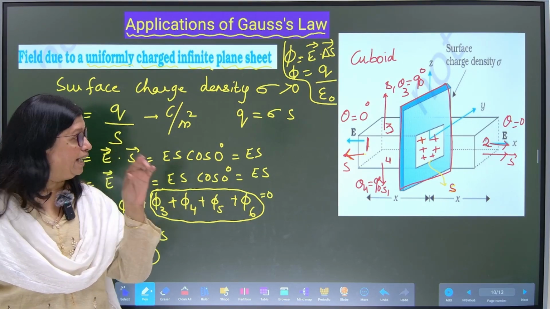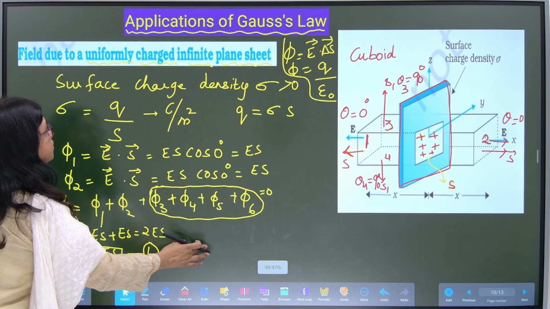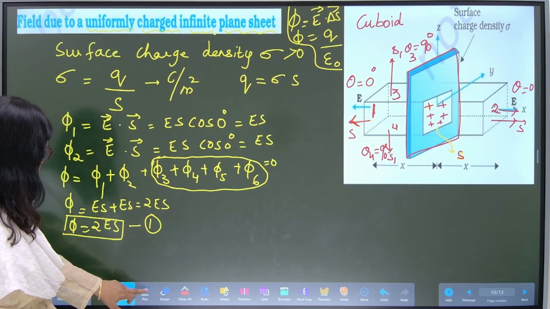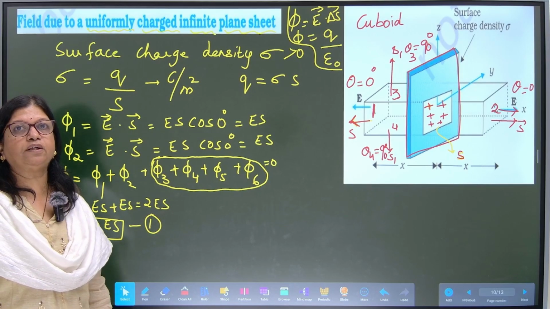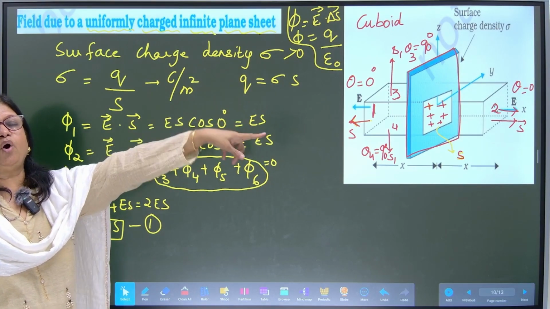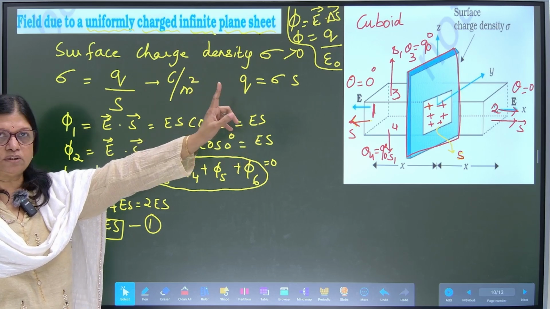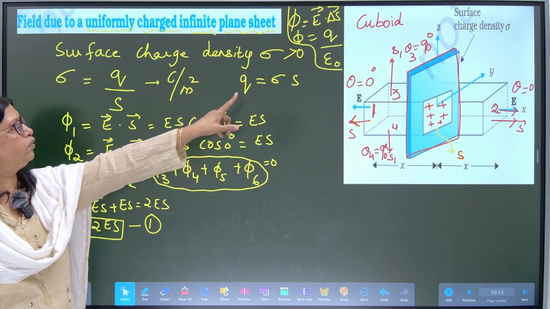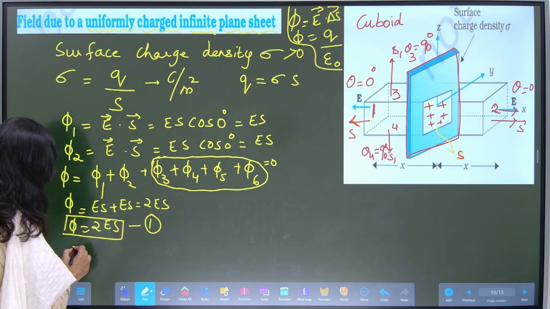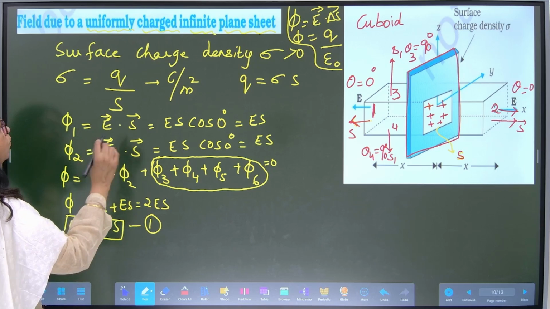Now let us find the flux using the second formula, the application of Gauss's law. Phi is equal to Q by epsilon naught. So let us try to find phi by the second formula. Now what is Q?